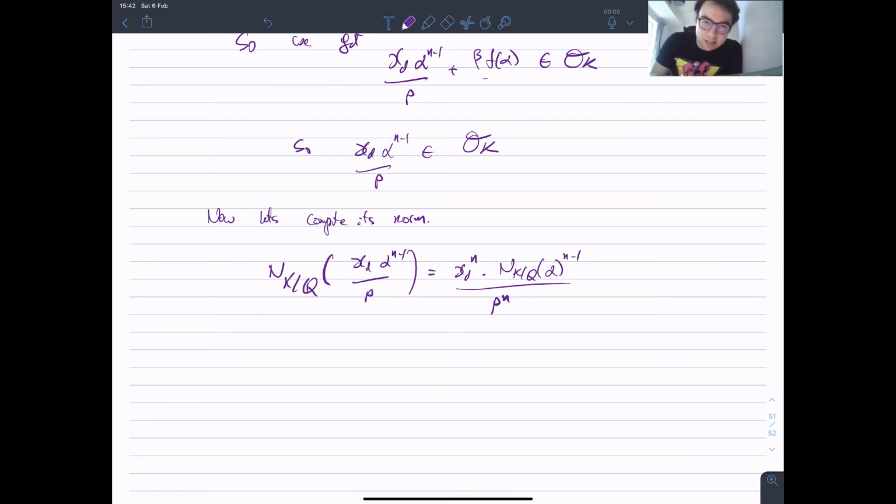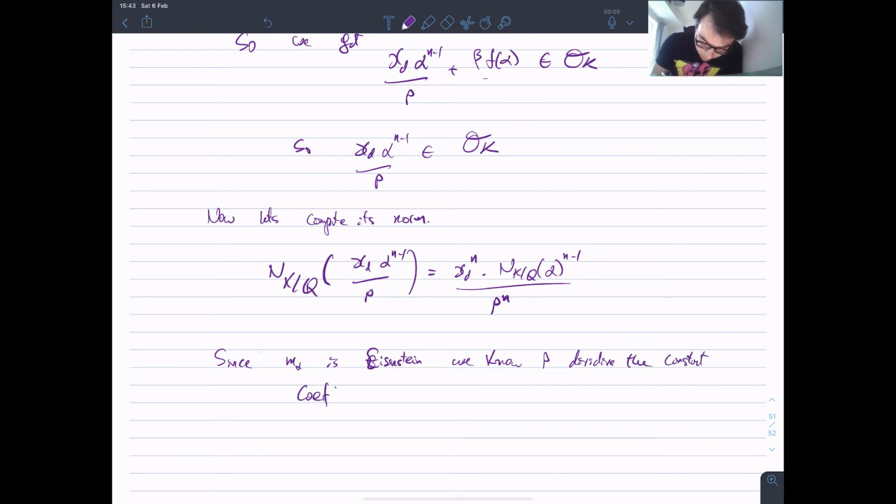Now we're going to start using the Eisenstein criterion again. Since the minimal polynomial of alpha is Eisenstein, we know p divides the constant coefficient of the minimal polynomial, but p squared does not.